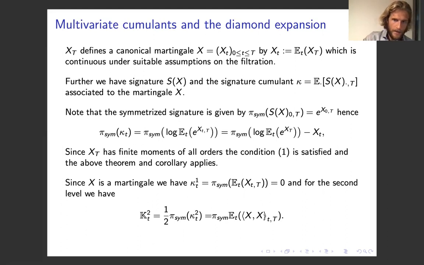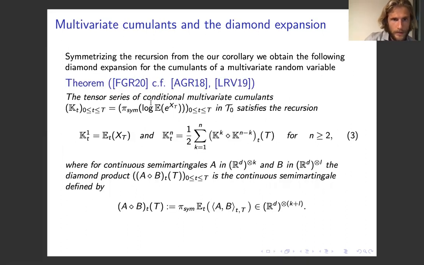And we can apply our theorem, which I just presented to you, by symmetrizing. If we do this, we obtain this theorem here, which was recently obtained by Friz, Hager, and Radojicic. It's a diamond expansion for the coefficients in the cumulants of multivariate random variables.